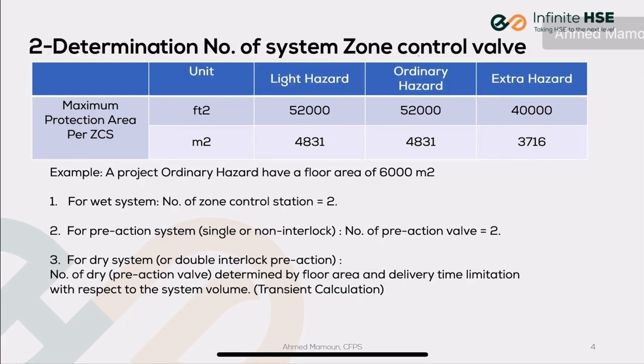Number of zone control stations: we already talked about this. For light hazard, the maximum area per zone control station is 4,831. The same for ordinary hazard, and for extra hazard and storage, the maximum area per zone control station will be 3,760.